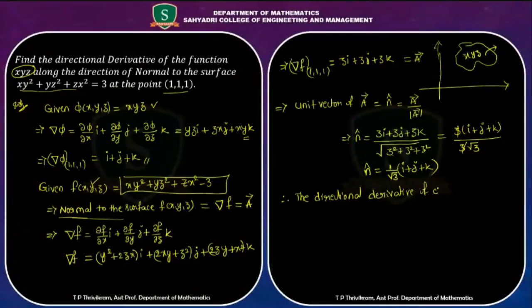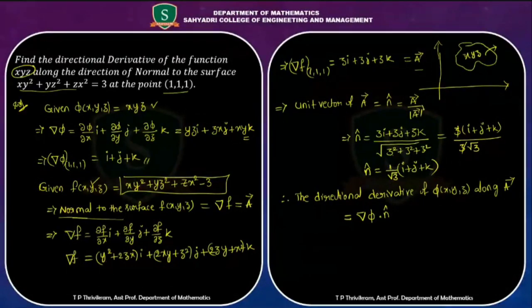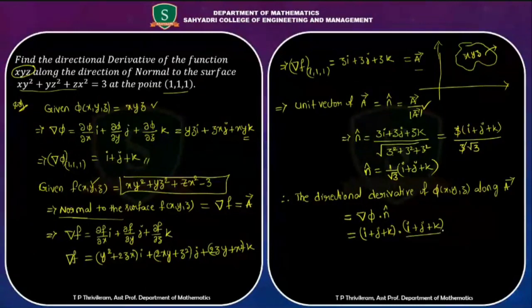Directional derivative of phi of x, y, z along, here you have taken the vector as A vector, is equal to del phi dot n cap, where n cap you have defined as A by modulus of A. Okay, so this one is equal to, just write that vector i plus j plus k dot n cap, which is nothing but i plus j plus k divided by root 3.